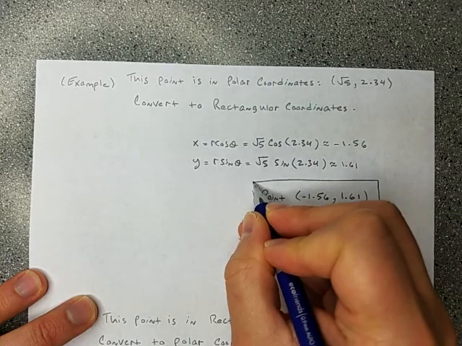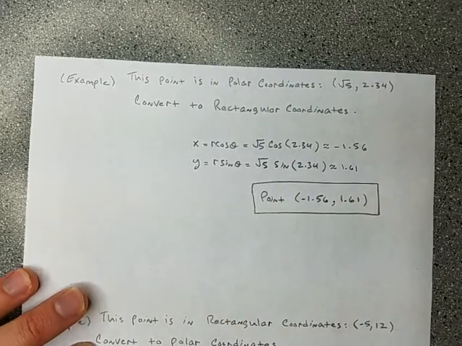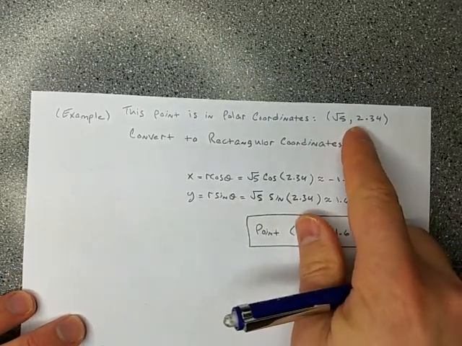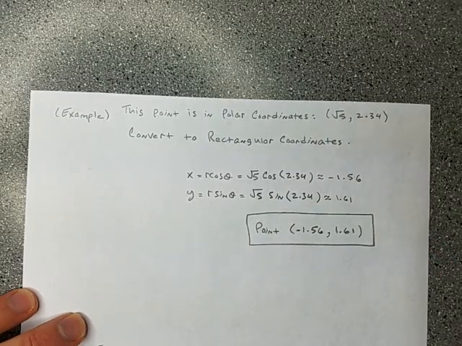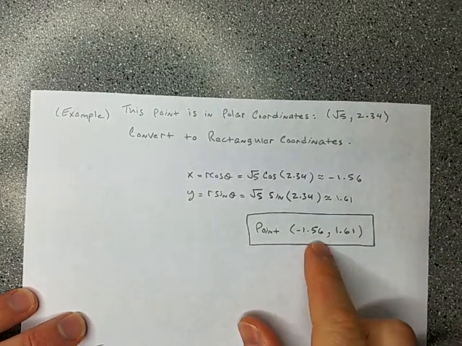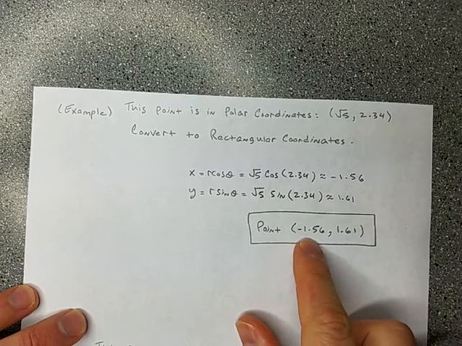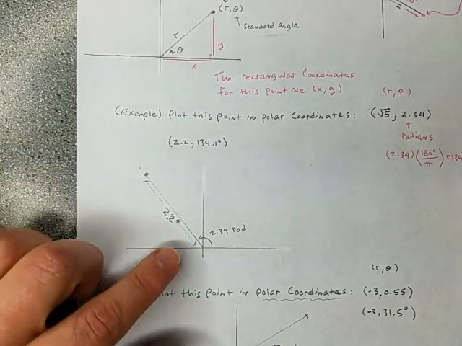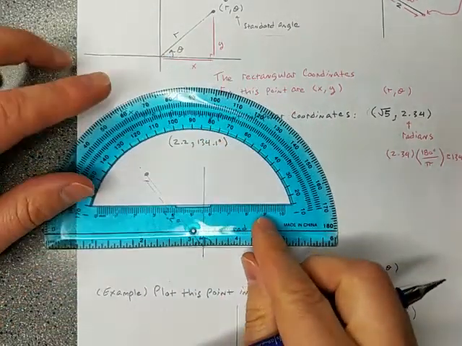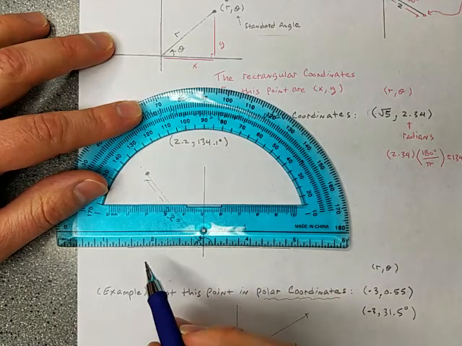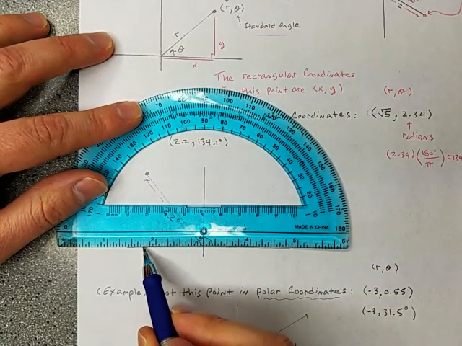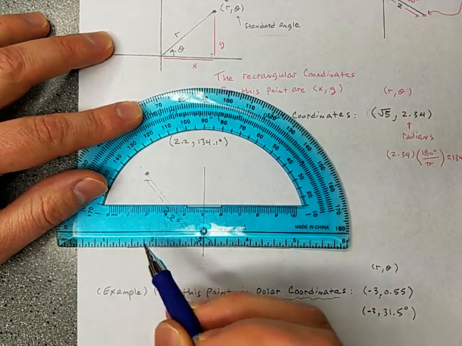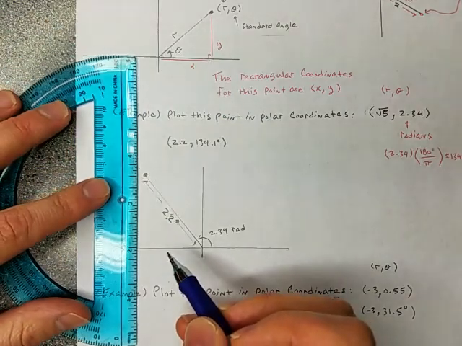All right, there we go, in rectangular coordinates. Now, I used the point that I had just used in the other example. Let's see, does this look right? Negative, so left 1.5, up 1.6. Here's where it was, and I remember I used units of inches. So let's see, left 1.5. Yeah, that's about left 1.5 and up 1.6.